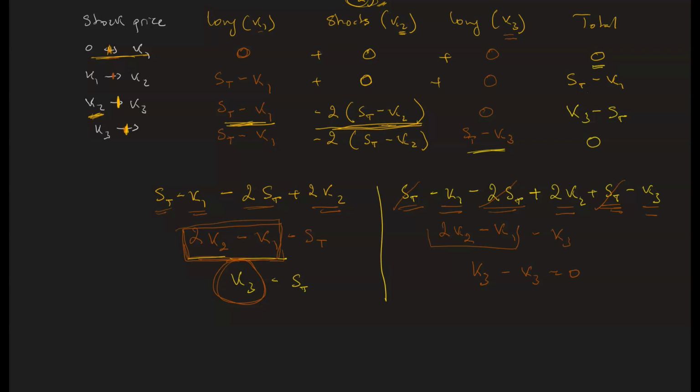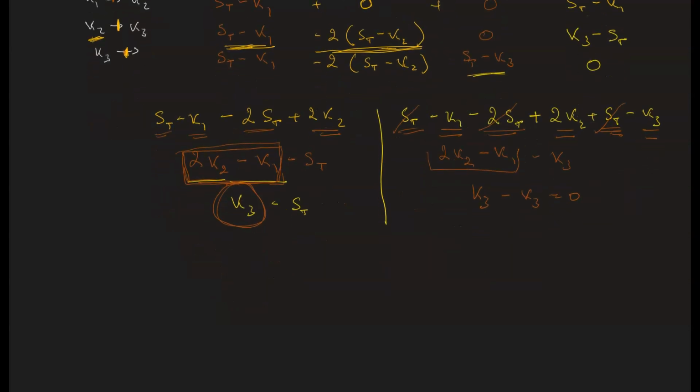Now let's work with an example here, and the example that we're going to use is a scenario where we have a long call at the strike price K1. We're going to say that strike price K1 is going to be equal to $55. We're going to have a second long call at the strike price of K3.